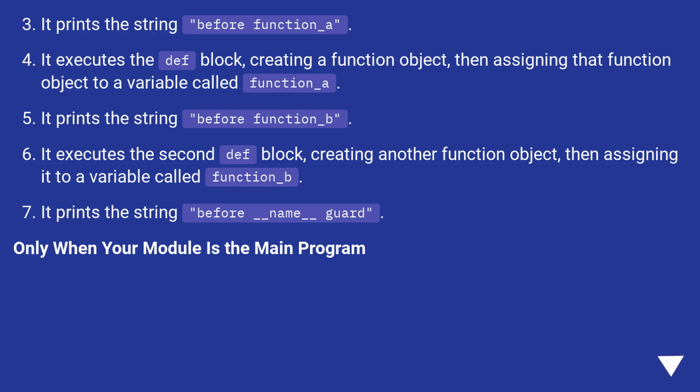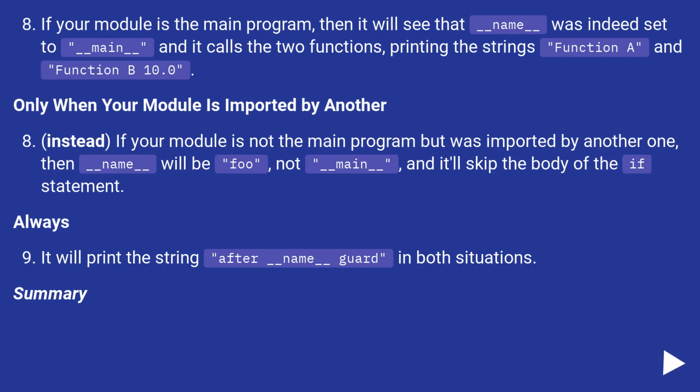Only when your module is the main program. If your module is the main program, then it will see that __name__ was indeed set to "__main__", and it calls the two functions, printing the strings "Function A" and "Function B 10.0". Only when your module is imported by another.